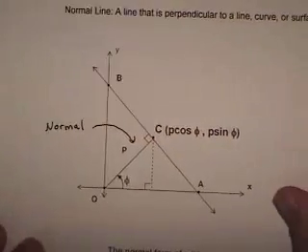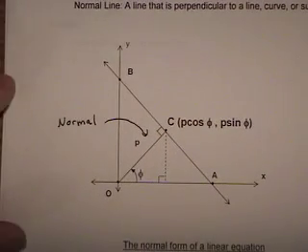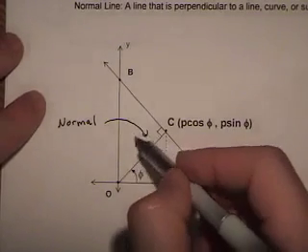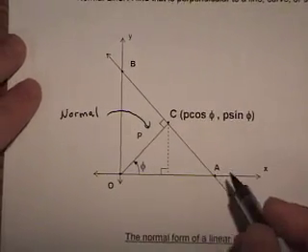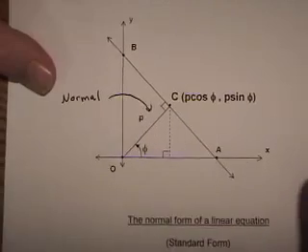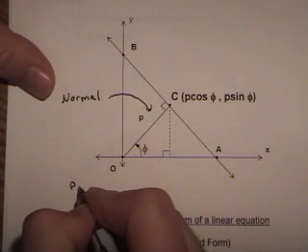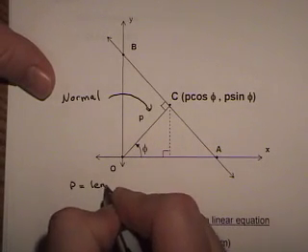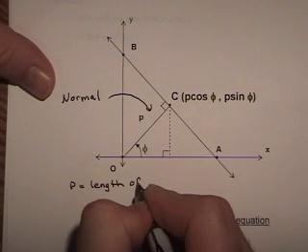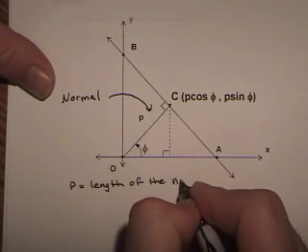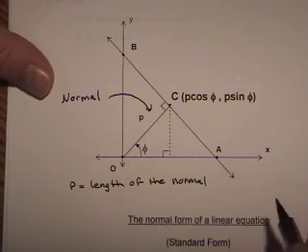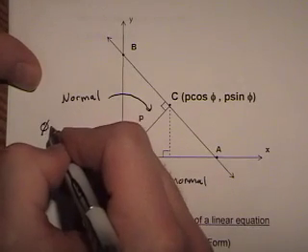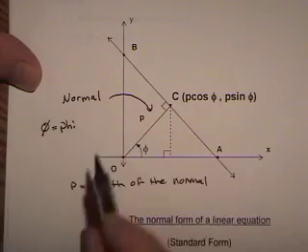Now you'll see the normal has two properties. It has a hypotenuse, P. P equals the length of the normal. And now we're going to have a new variable, which is just an angle measure.